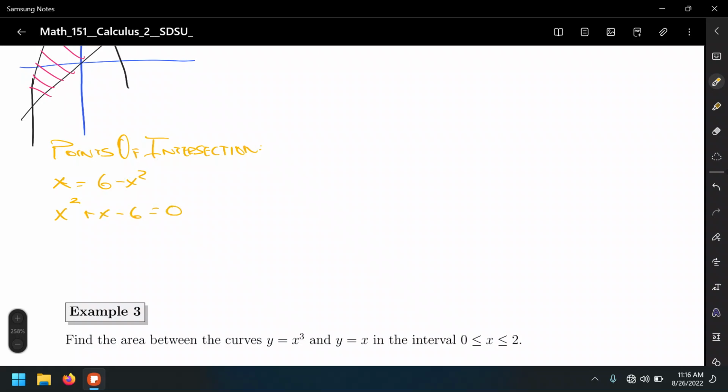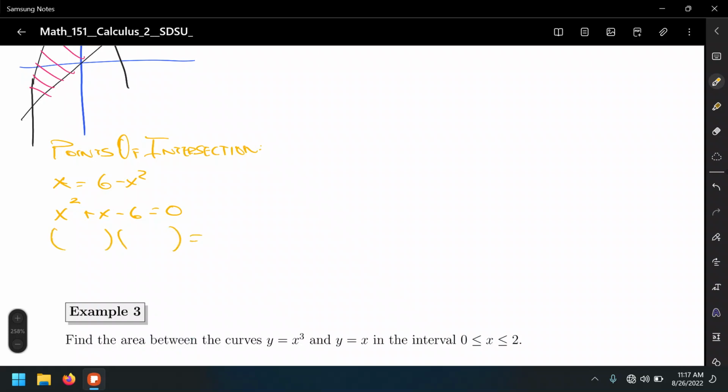And then from here we need to choose the best method to factor the polynomial. We can have a special product, like sum or difference of cubes or difference of squares, trinomials, factor by grouping. In this case it's a trinomial with a leading coefficient of 1, so we use what I usually call the double bubble method.